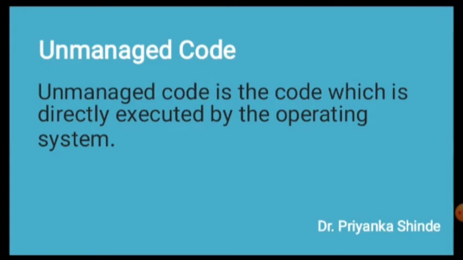Whenever you want to execute the same code on a different architecture, you have to recompile that code according to that architecture. So it always compiles to native code that is specific to the architecture. Okay, the unsafe code for unmanaged code is a code block that uses a pointer variable.